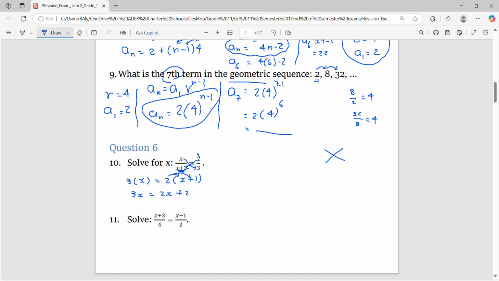Now collect the similar terms together on one side. This 3x should be with 2x, but it's better to transfer the smaller coefficient of x to the bigger. It means take this 2x to the left side. Now 3x, don't forget to change the sign: 3x minus 2x equals 2. It means 3x minus 2x is 1x, or x equals 2, done.